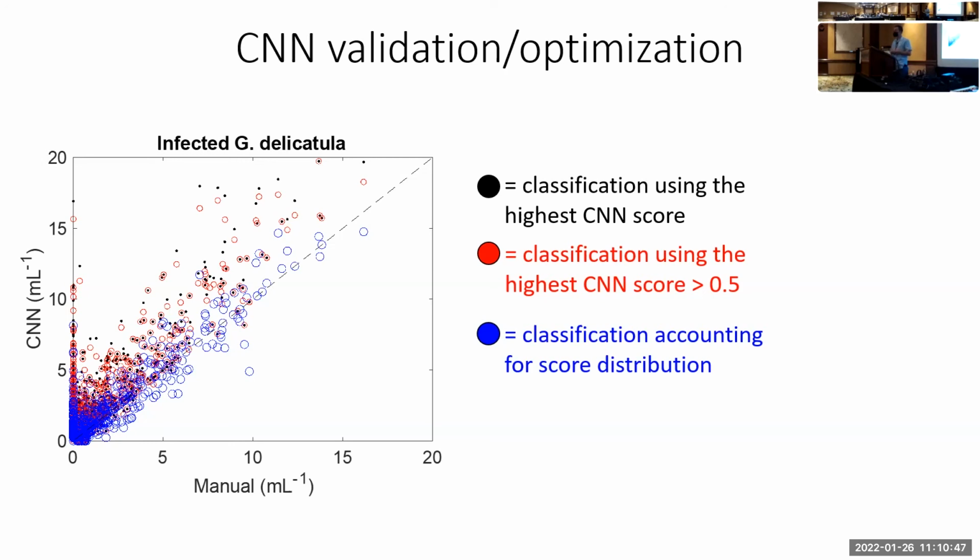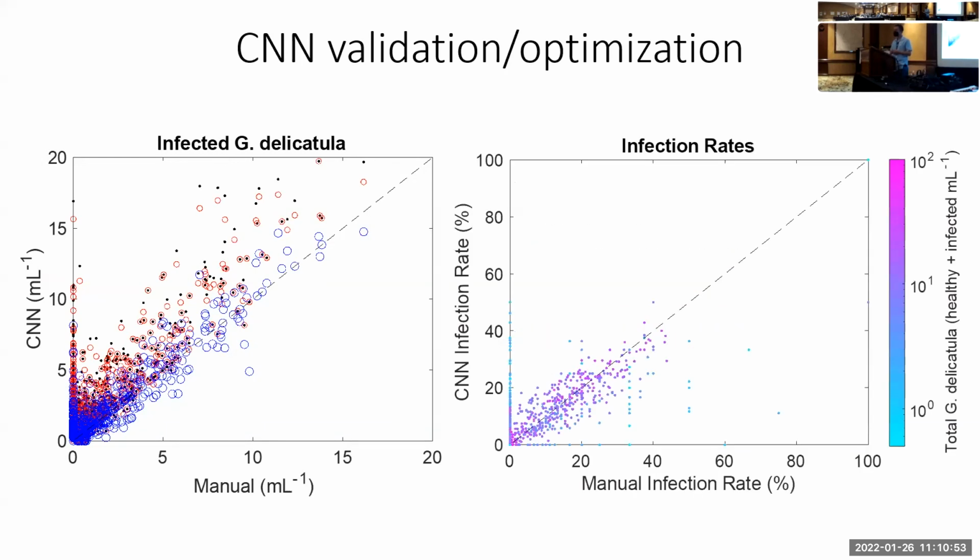Okay, so now we have an optimized classifier for both healthy and infected host diatoms, and we can see how we do in predicting infection rates. Here we have our points colored according to the total concentration of our host diatom, where blue indicates low concentrations of the host, purple indicates high.